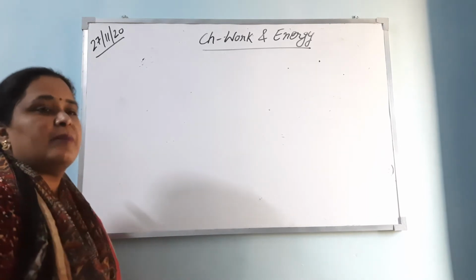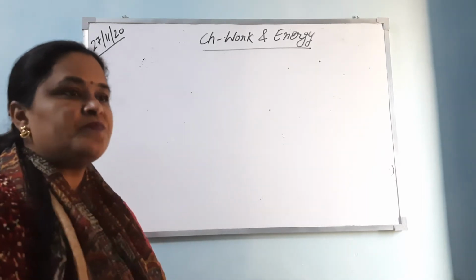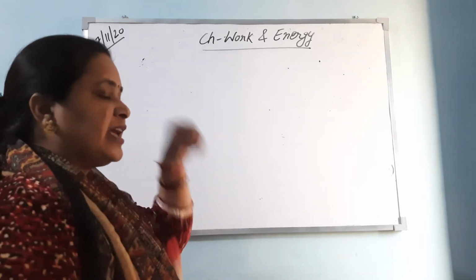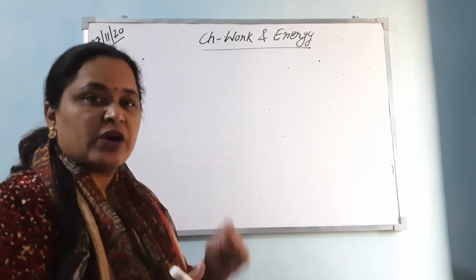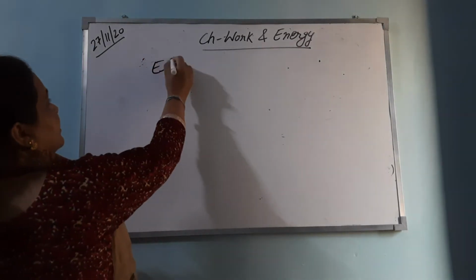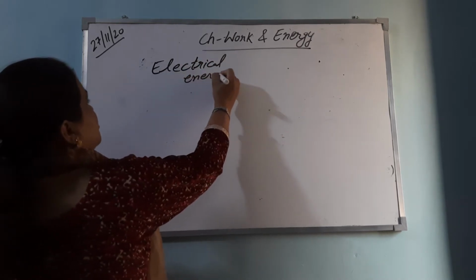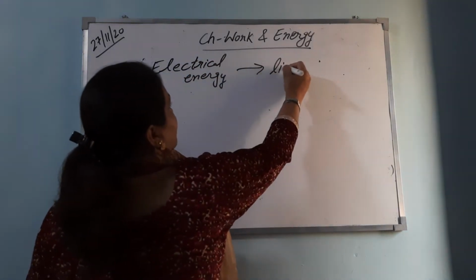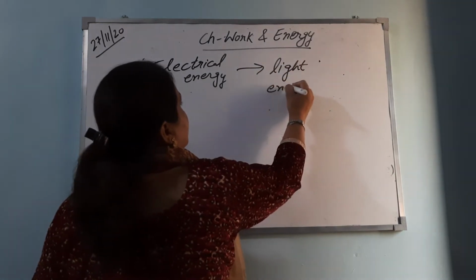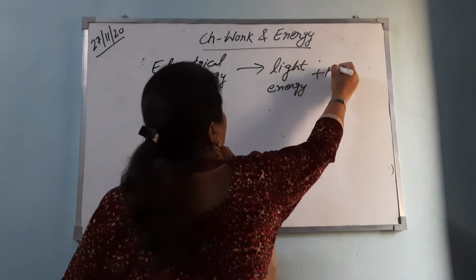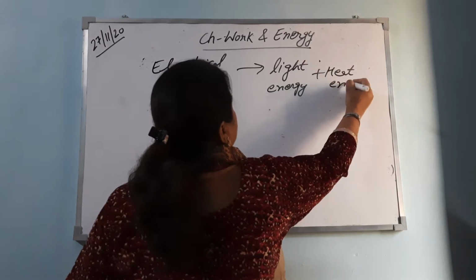There are so many examples we see in our daily life also, like when we switch on an electric bulb at our home. In that case, electrical energy will change into light energy plus heat energy. So like this, many examples are there.